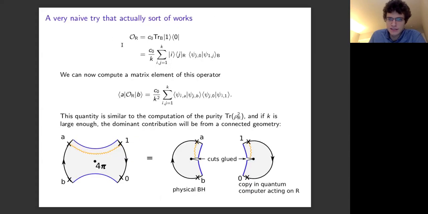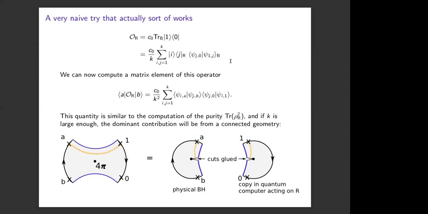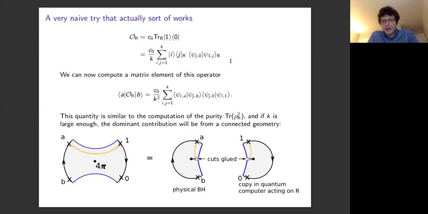Yes, completely. No. The novel ingredient, so I should have acknowledged that, these ideas have been around for a while in the ER equals EPR paper, and before then in work that Suvrat and others have done. The thing we're adding to that here is showing that gravity shows you that it actually happens.